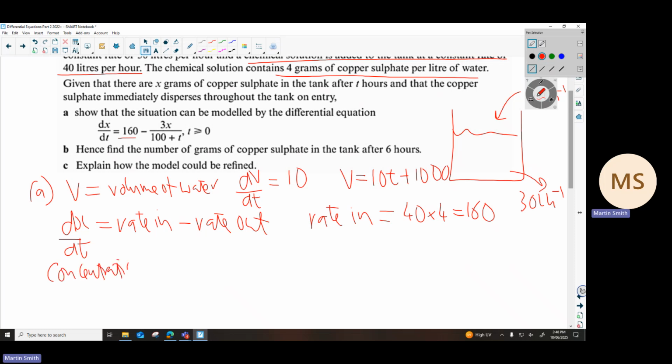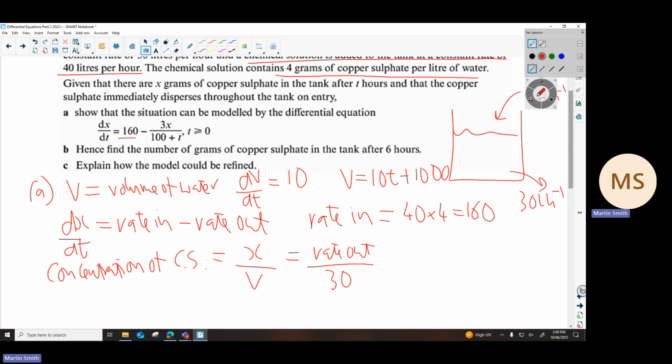The concentration of copper sulfate, I know that's not the proper chemical symbol for it, CuSO4, I think, folks, is X over V, the amount of copper sulfate divided by the volume. But that will be the same as the rate out divided by 30, because every hour 30 litres of liquid flows out.